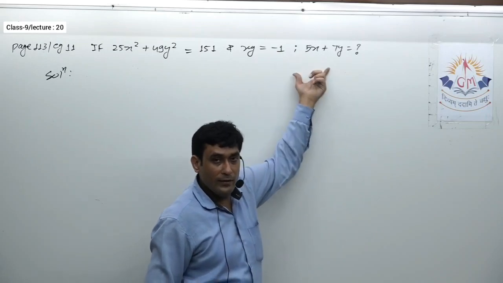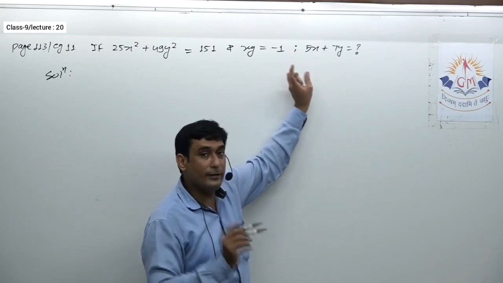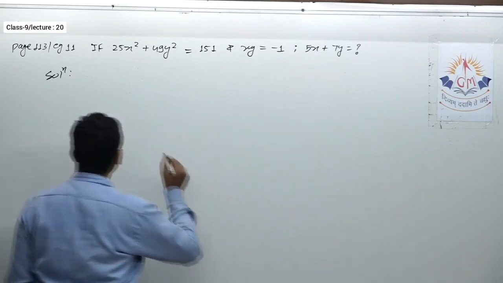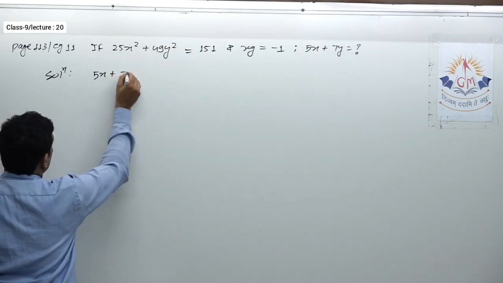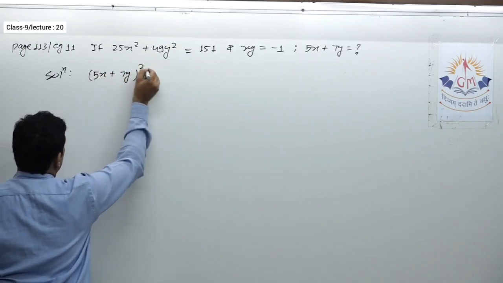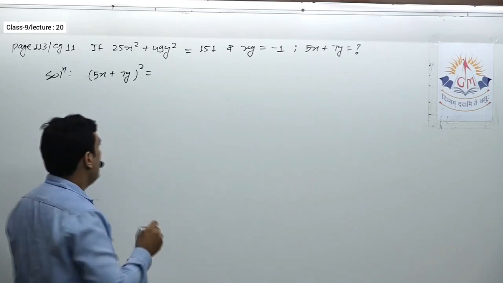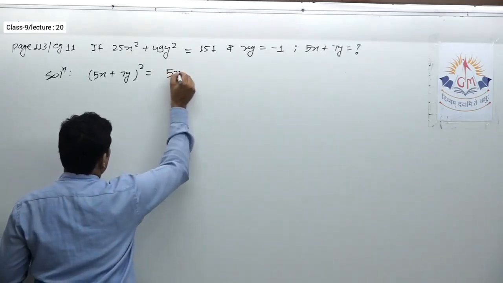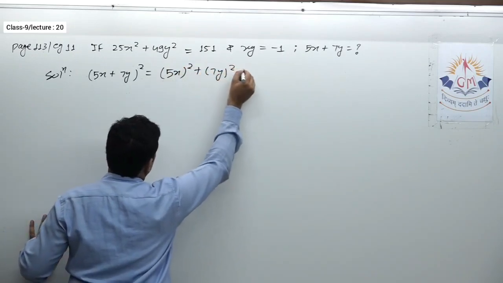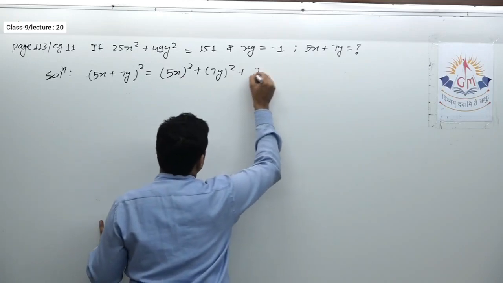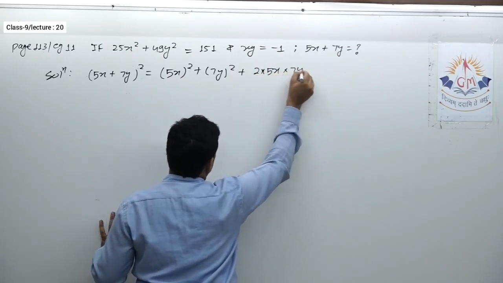So definitely we will start by squaring it, because when we square it, two terms will come directly. So 5x plus 7y whole square is equal to, now over here I have to apply the identity of (a plus b) whole square: a square, that is (5x) square, plus b square, that is (7y) square, plus 2ab, that is 2 into 5x into 7y.